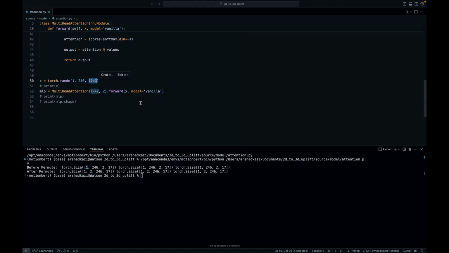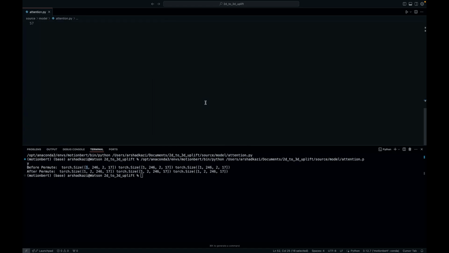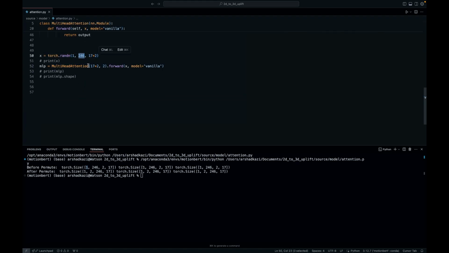That will be our input, and I'm passing this to the multi-head attention that we have just described. So the batch size is 1, the length of that context is 246, and then 17 by 2 is my channel dimension.